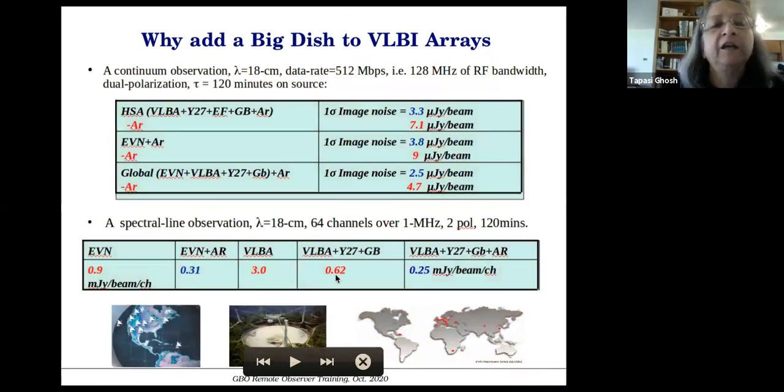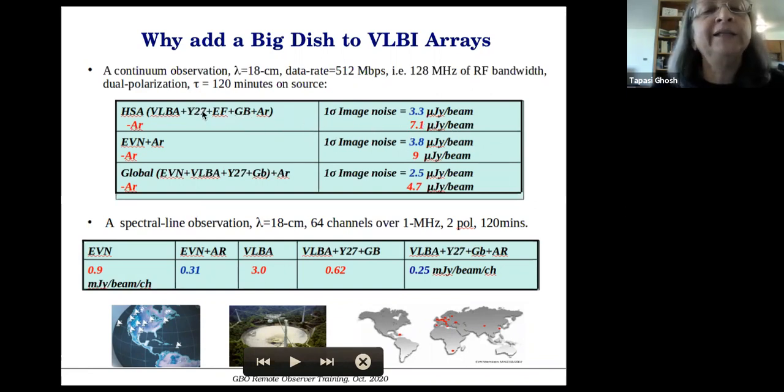This is another example of what a big dish adds. I worked out these examples with Arecibo on this slide. I haven't made an equivalent one for GBT, but I can; just take it for its qualitative value. Now you can't use Arecibo anymore, but take it as a comparison.